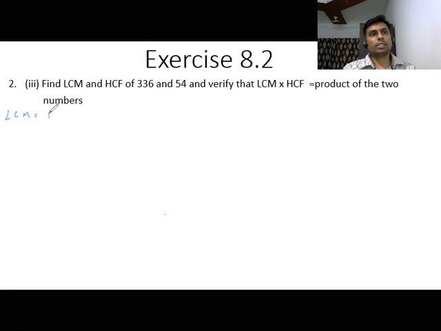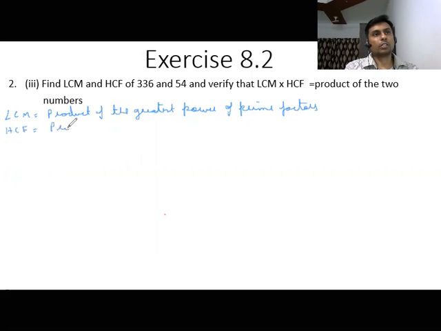To find LCM, it is the product of the greatest power of prime factors. And for HCF, it is the product of the smallest power of common prime factors.